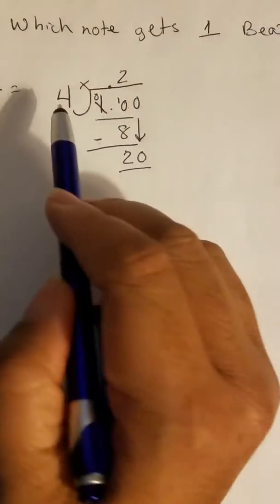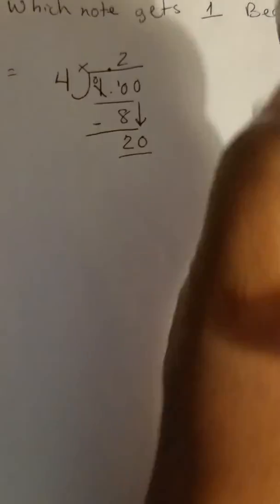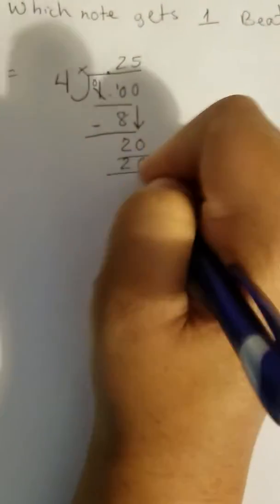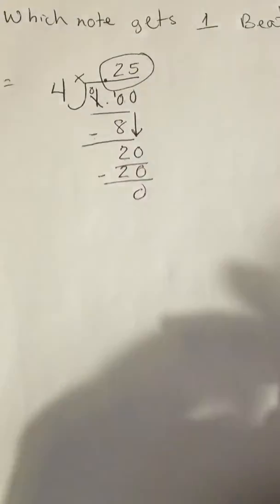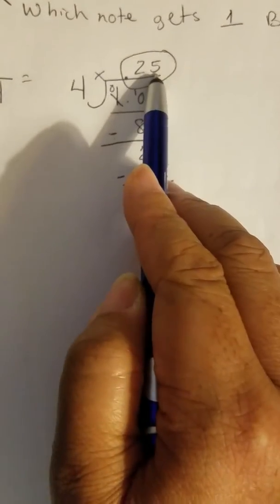Now the new number we have is 20. How many times can 4 go into 20 without going over? The answer is 5. So 5 times 4 equals 20. When we subtract, that equals 0. So how would we read this decimal? This is 0.25.